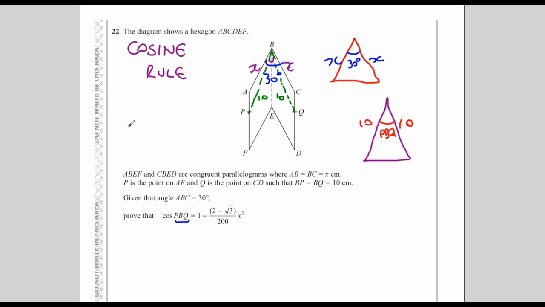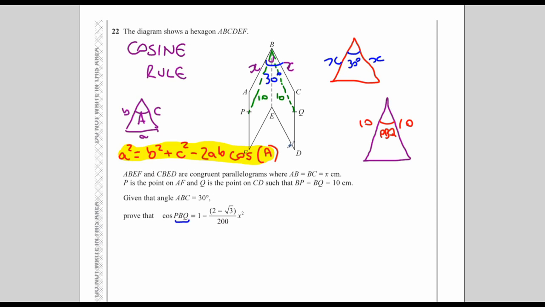The cosine rule says if you have something like this, where this is angle A, this is length B, length C, then length A opposite, then the formula is A squared equals B squared plus C squared, looks a bit like the Pythagoras, minus 2BC cos of angle A. And this is a formula that's going to be very important in this question. So keep an eye on that guy.